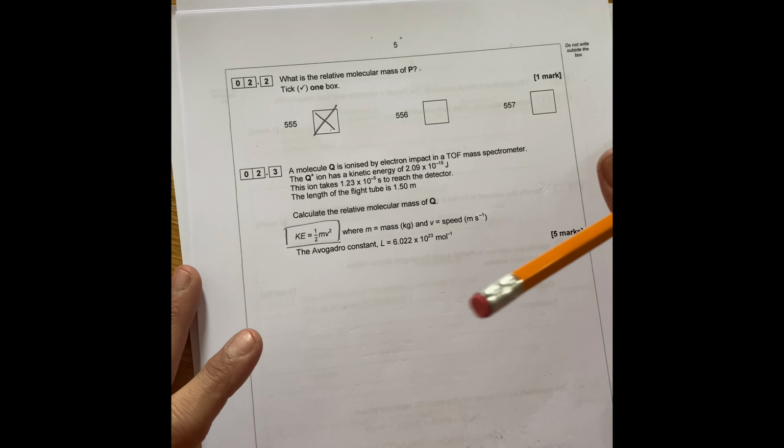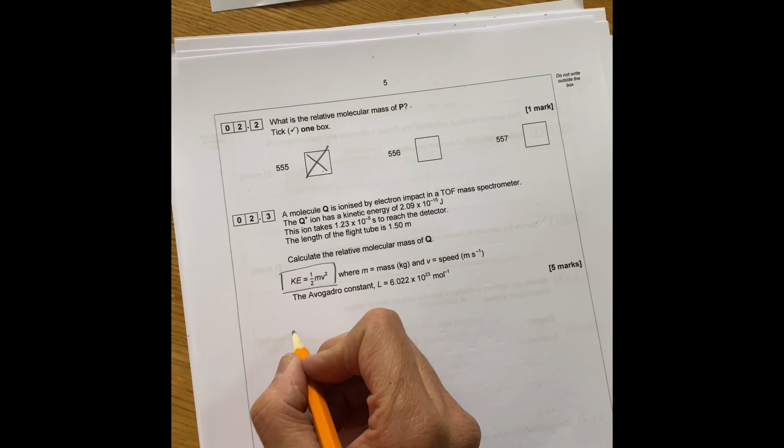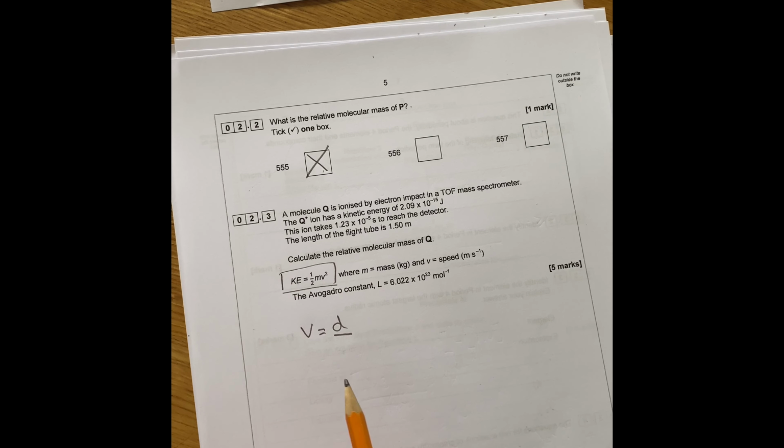The mass you find is in kilograms, and they want the molecular mass in grams. So the first thing I did is work out V. You've got two formulas: the kinetic energy formula, and the other formula, which is velocity equals distance over time.